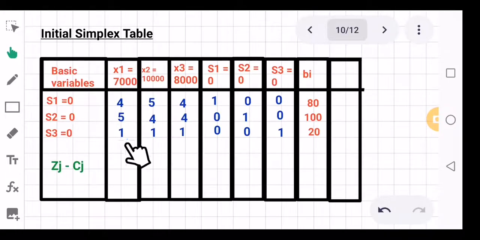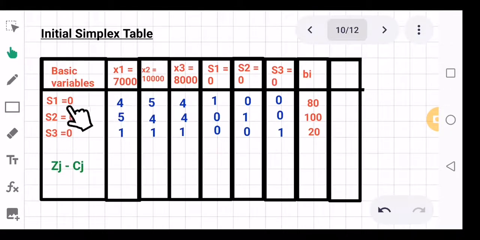Similarly, we will have to find the Zj values of all, multiplied by the Cj value for the respective cell. Now we will do for the first one so that there is more clarity. You will understand it better when you do it. Zj for this particular cell is 4 into 0, that is 0. 5 into 0 is 0. 1 into 0 is 0.